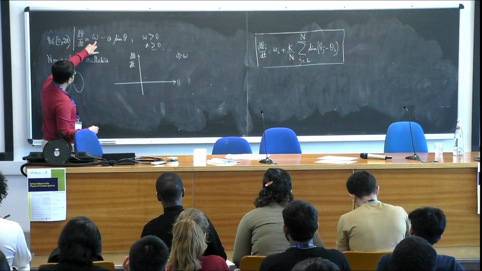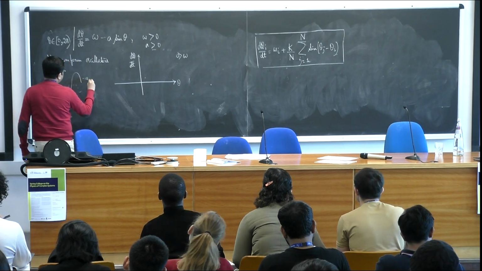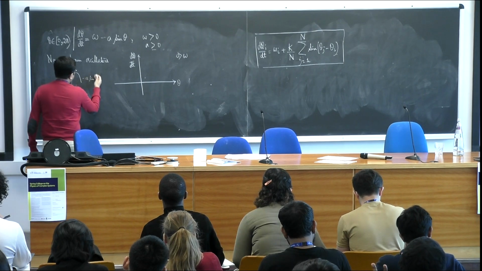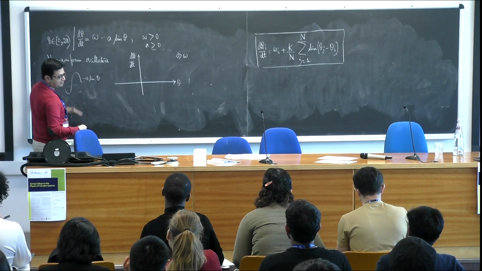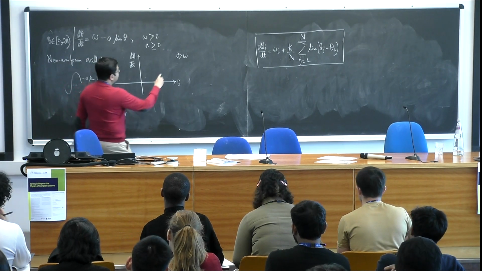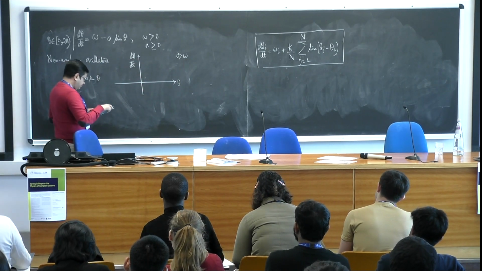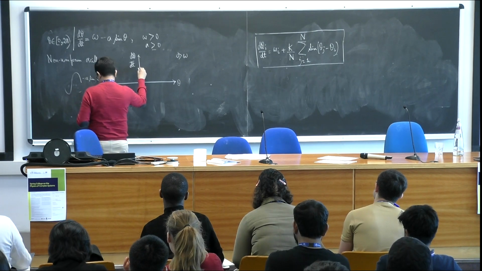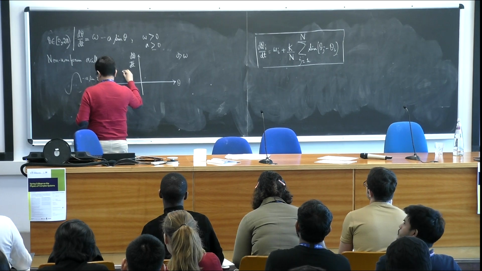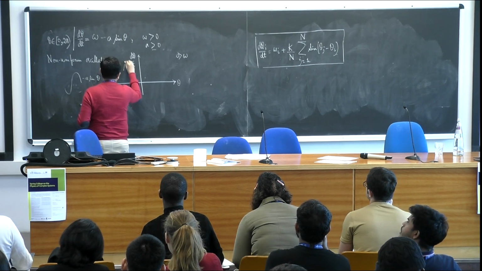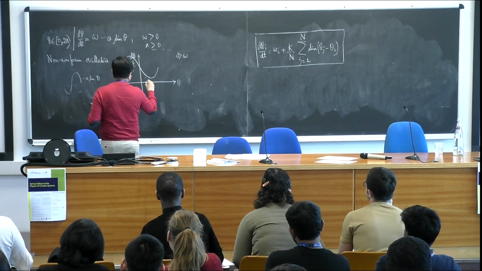And what this omega does is it just translates the curve in the vertical direction. So if A is larger than omega, then of course the curve will look like this.